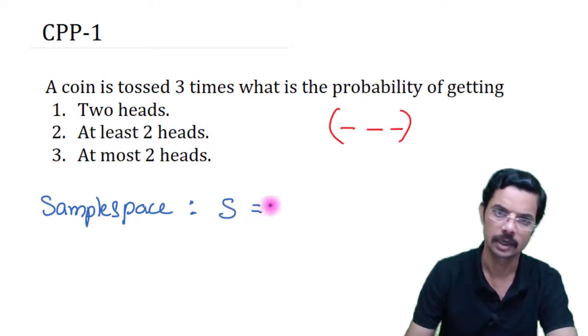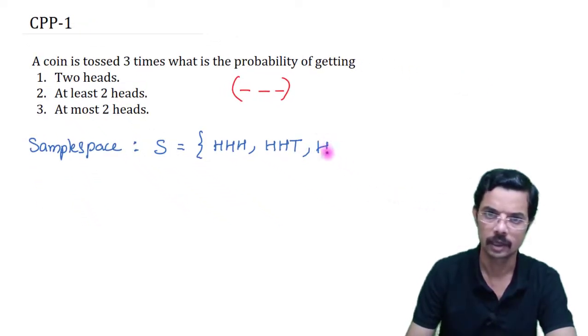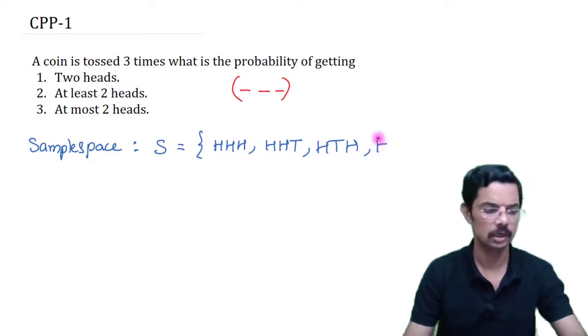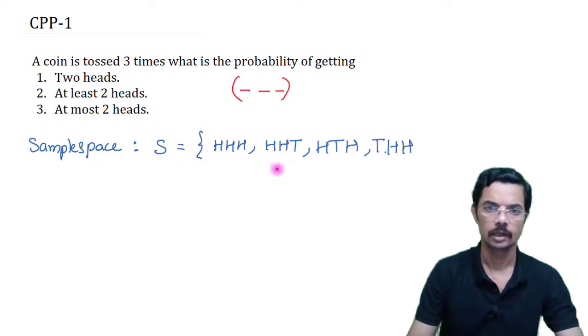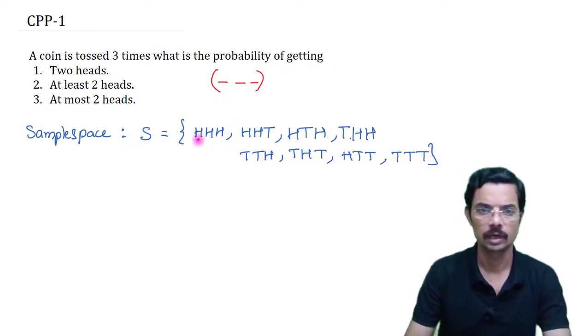We shall take it as S, and S will be equal to H, H, H, all 3 heads, or the first 2 coins will give you heads and then the one is tail, H, H, T. Then we have H, T, H, then T, H, H, and then T, T, H, T, H, T, and then H, T, T, and finally T, T, T. Here we have 3 heads.